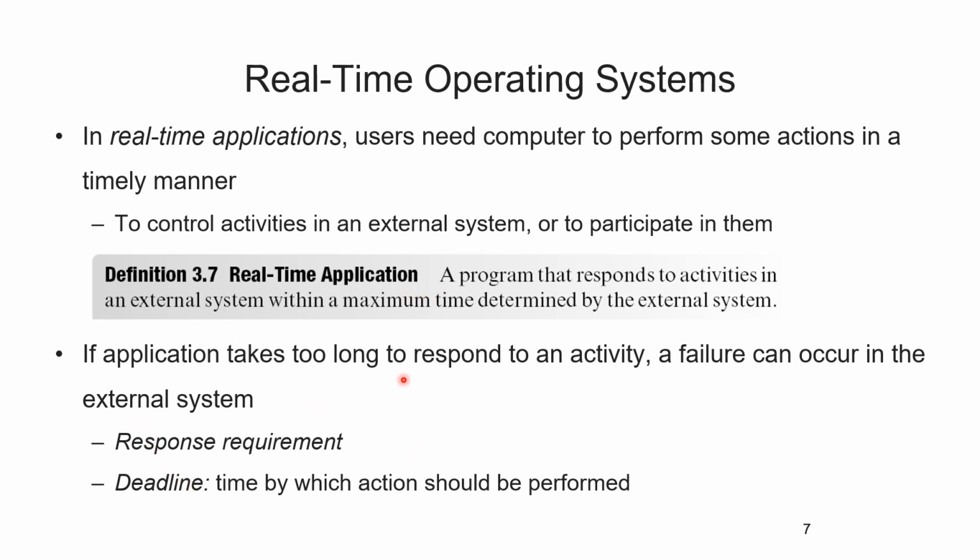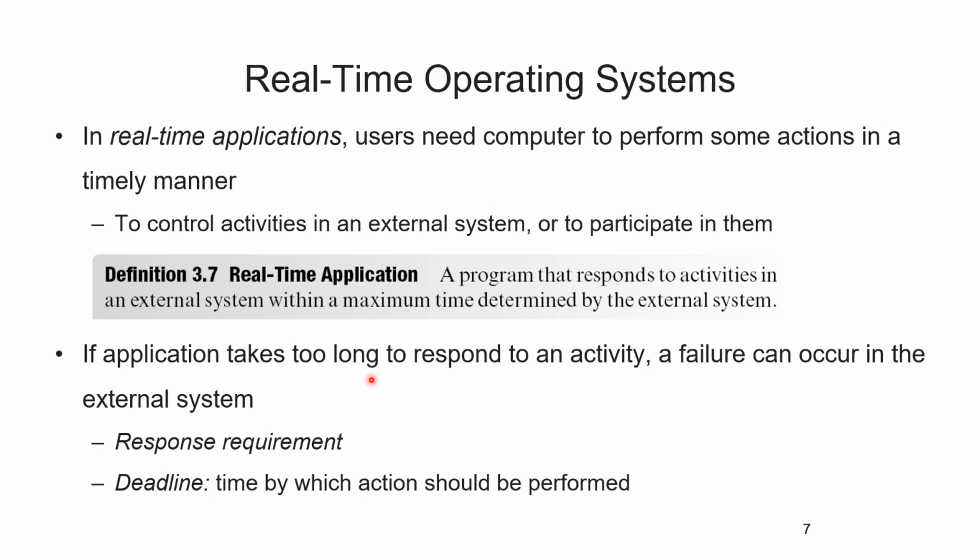If the application takes a long time to respond to an activity, then there is a possibility of failure in the external system. So to avoid that, we use the response requirement and also a deadline. The response requirement is nothing but the maximum amount of specified time, the largest value of response time for which the system can perform the function perfectly.